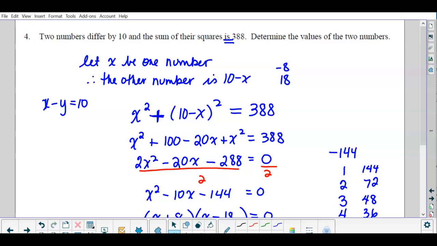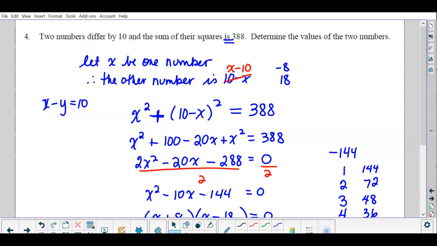Yeah, it's just that in terms of my setup, because when you square a negative, you get a positive, so the digits are all good. It's my setup that is wrong, because I should have had x minus 10 here. So, don't erase everything. I'm just going to go like this, x minus 10.